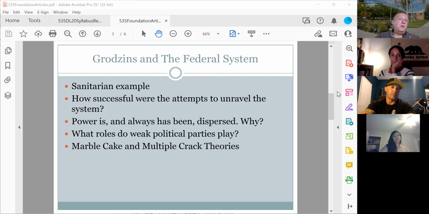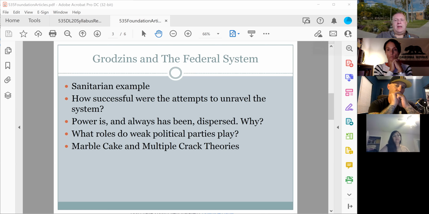That's a very important point because it reverses a lot of the thought at the time about how the different levels of government interacted in the 1700s and the 1800s. Now Grodzins is telling us it's not like that. They've actually always been intertwined with each other.